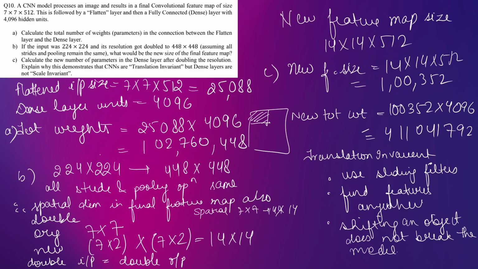You slide the kernel or filter throughout the image. Now finding features anywhere is possible, and shifting an object will not break the model. Next, we'll talk about why they are not scale invariant.